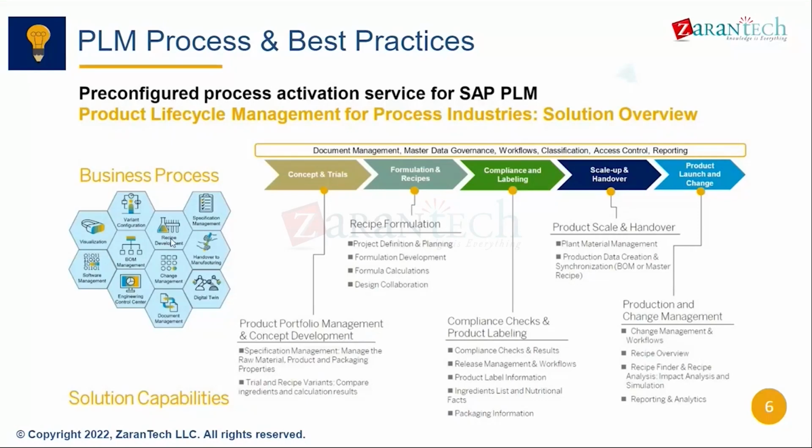But if you still want to manage it separately as a data element, you can definitely do that. So it is very important to understand what kind of industry the client is in when they are looking for an SAP PLM solution. Based on that, we have to provide a solution and propose the business processes identified which can be implemented for SAP PLM.